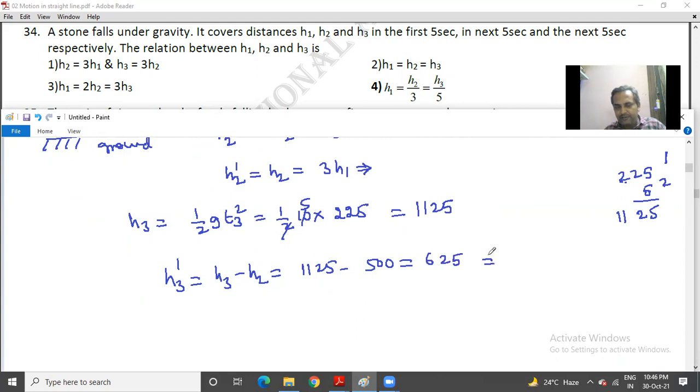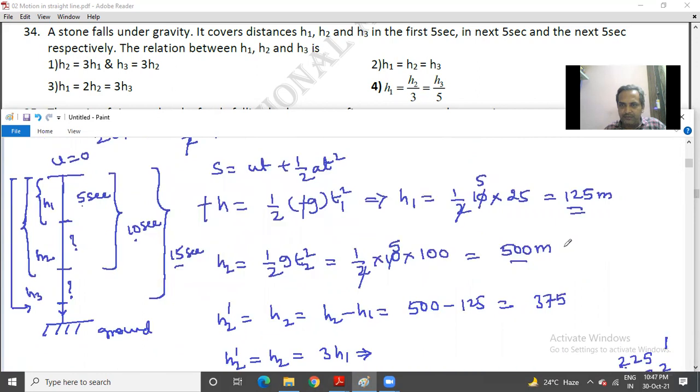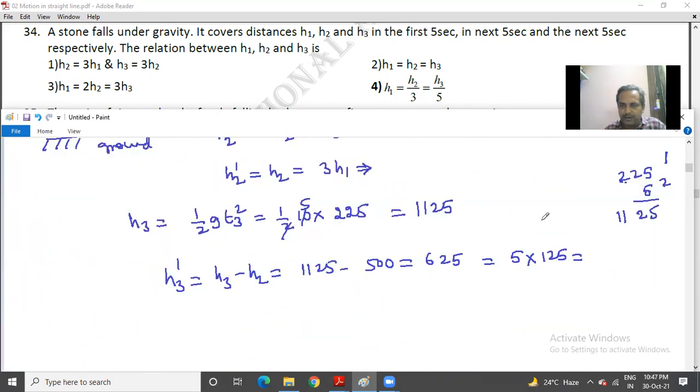I can write 625 as 5 into 125. This 125 is H1, so you can write 5 into H1. Now H3 dash is equal to 5H1.